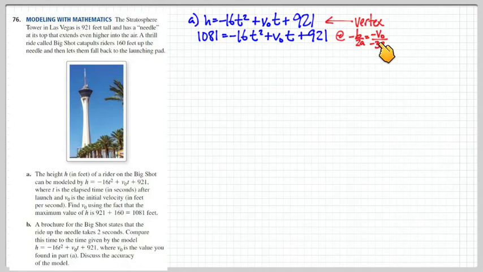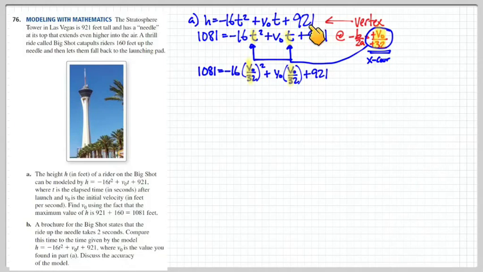So this here is the t value at which we hit our vertex. So what we're going to do is we're going to plug that value into t, and then we're going to solve for v0 because that's the only variable that remains in our equation here.